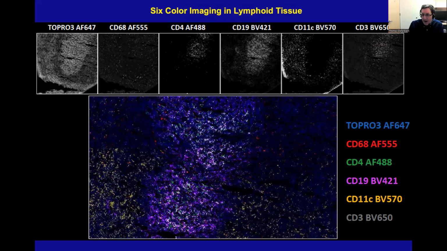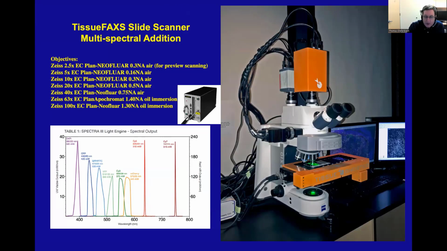DAPI itself will tend to show up in all the brilliant violet channels, except maybe brilliant violet 785. It really depends on the sample prep. So instead of DAPI, we're using, as you can see on the top left here, TOPRO 3, which occupies the Alexa 647 channel, and that helps us to use whatever brilliant violet dyes we like to employ.